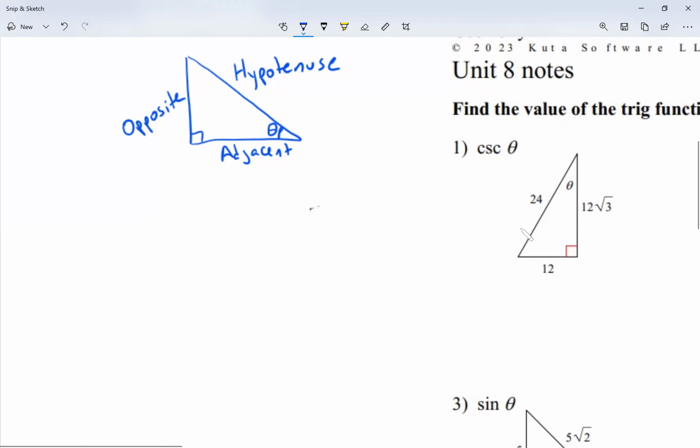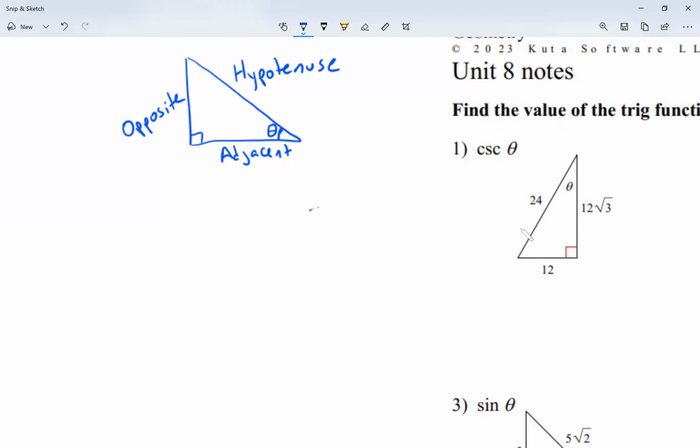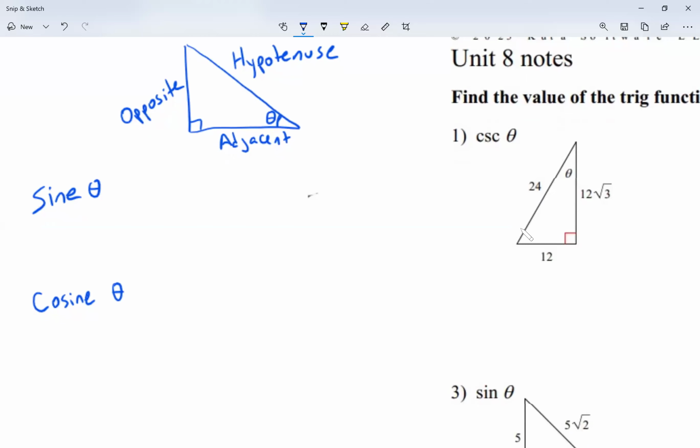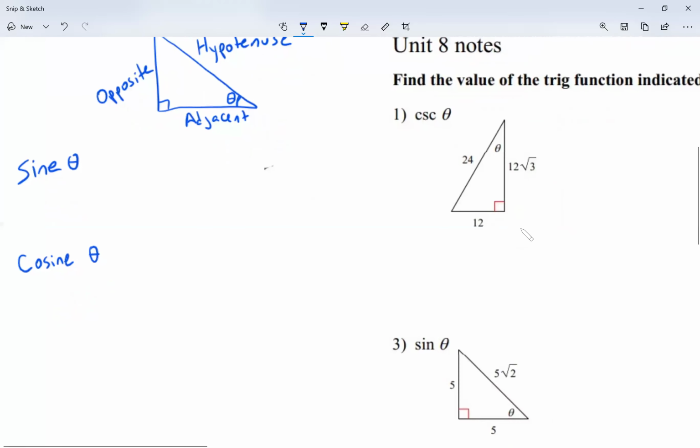Now that we know the three names of the sides, we're going to be able to create fractions. And we're actually going to talk about 6 different fractions. The names that I'm going to be looking at, one of them is called sine. Sine of theta. So I'm going to write sine of theta. The other name we're going to talk about is called cosine. Cosine of theta. Let me zoom out a little bit here.